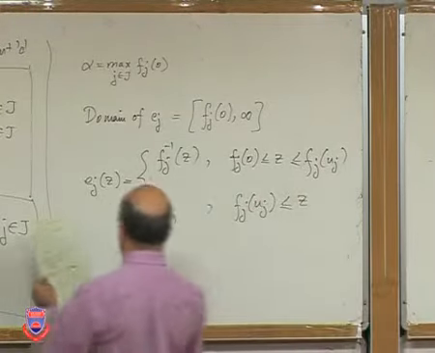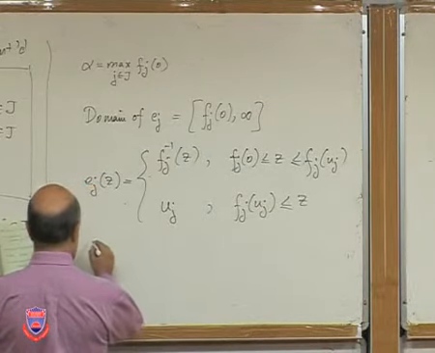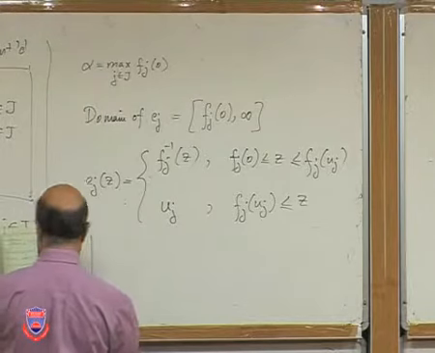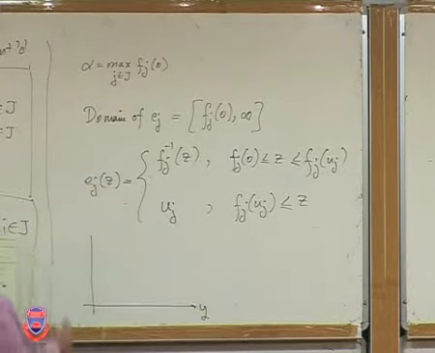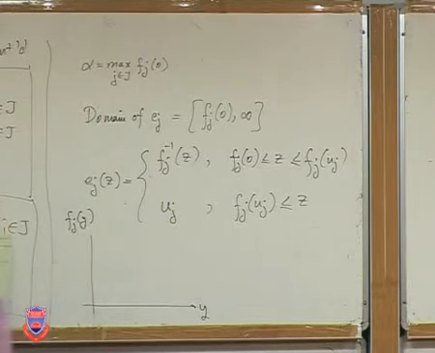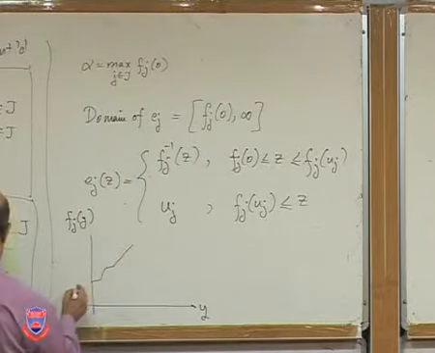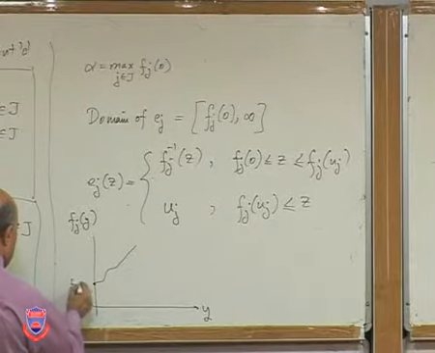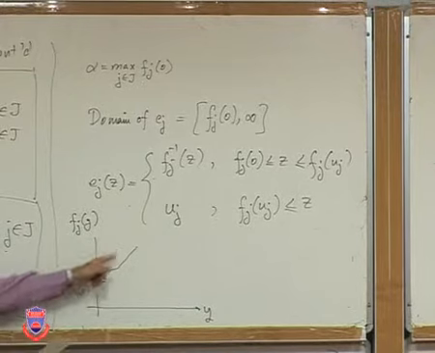If you draw the function, let me just give you the illustration here. This is the function fj.